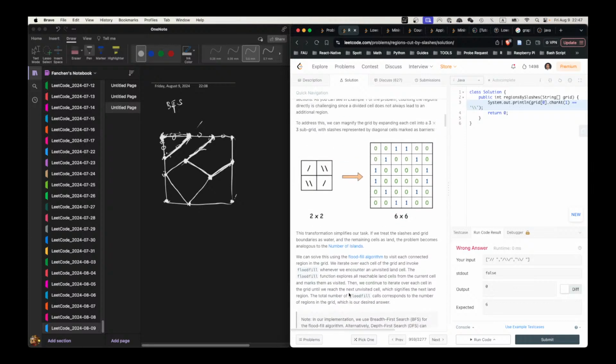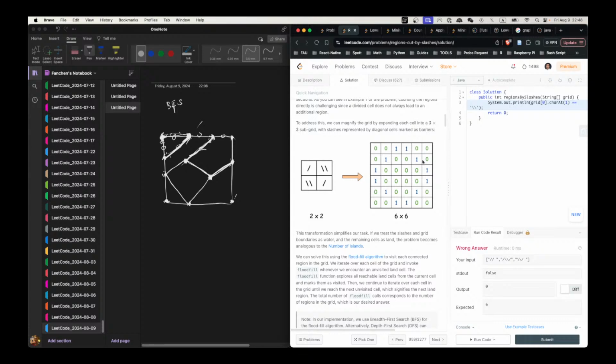So we go from any cell, we BFS, and each time we BFS, we fill, right? We say these are visited, visited, visited, visited, until we cannot. That's one. And we go on and on. That's two. We go on, we'll visit all of it. That's three.